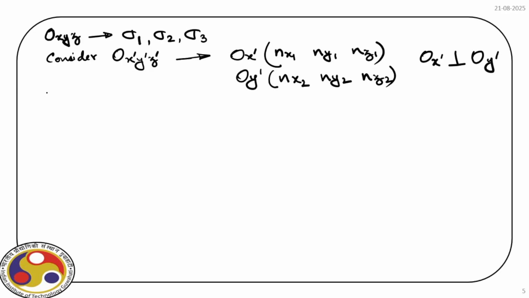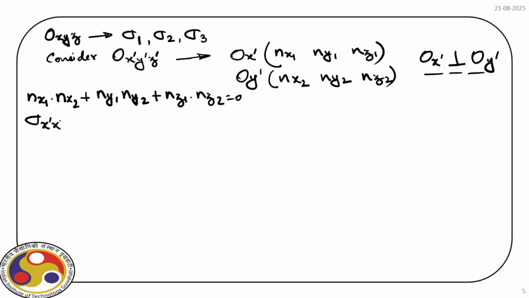Now, if that is the case, we can easily conclude that nx1 times nx2 plus ny1 times ny2 plus nz1 times nz2 is equal to 0, because these two directions, OX prime, OY prime, are perpendicular to each other.